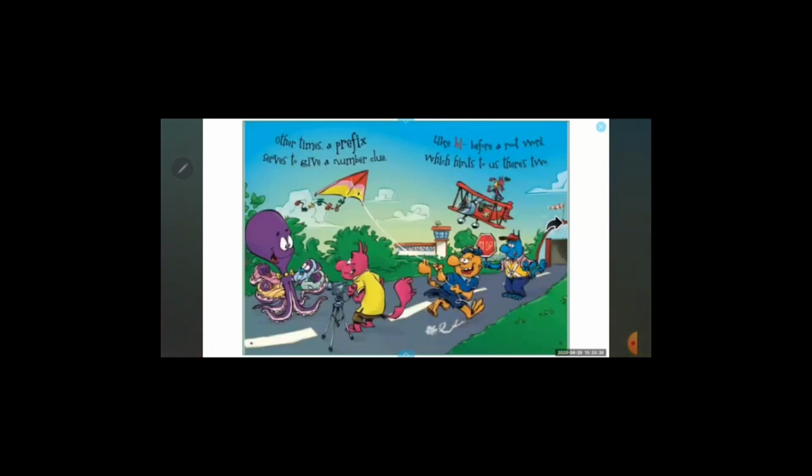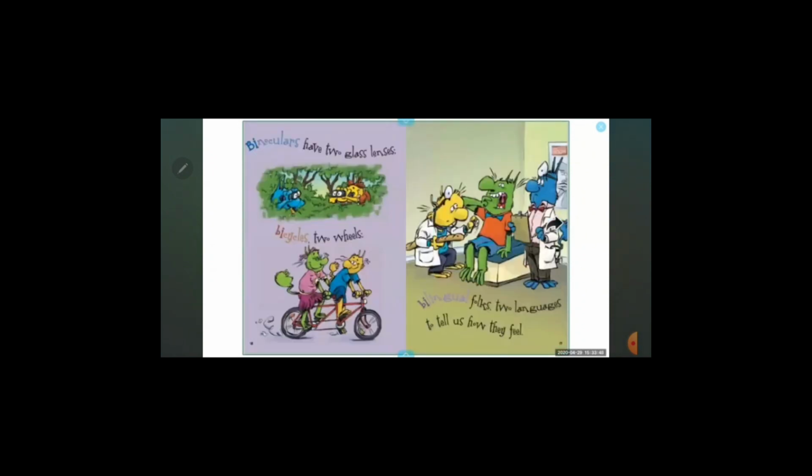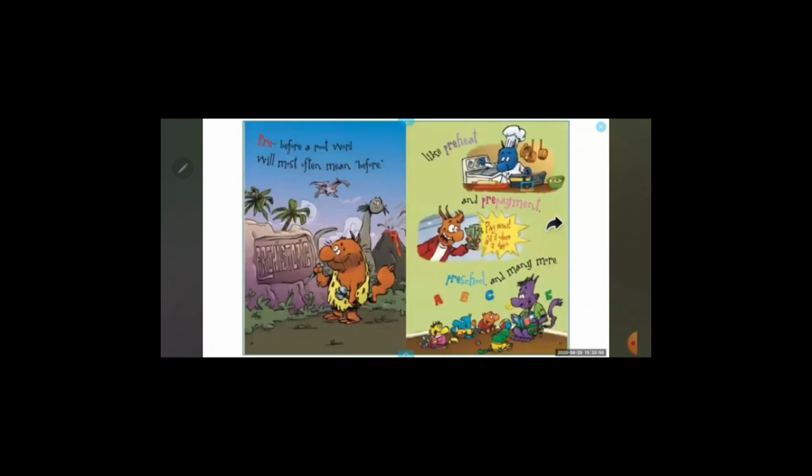Other times, a prefix serves to give a number clue, like bi before a root word, which hints to us there's two. Binoculars have two glass lenses, bicycles two wheels, bilingual folks two languages to tell us how they feel.